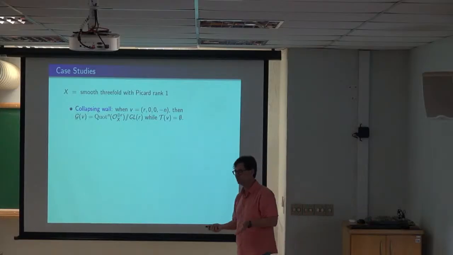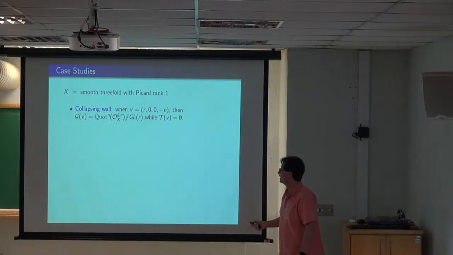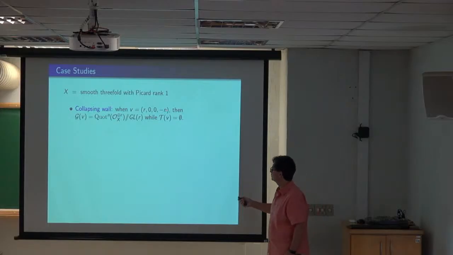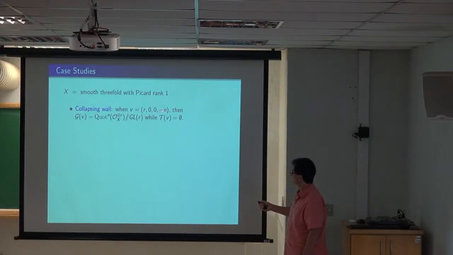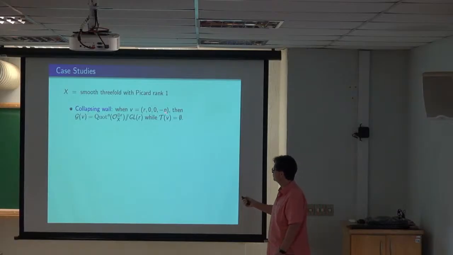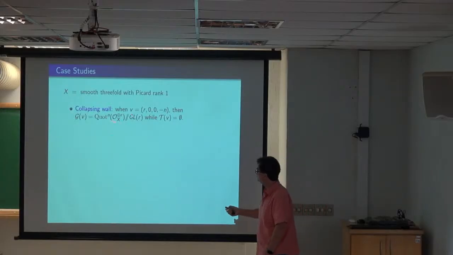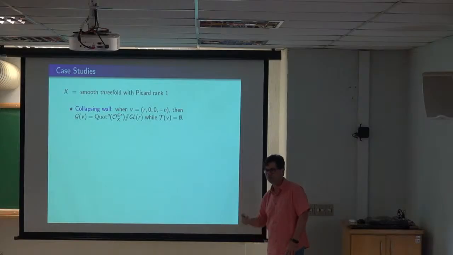That happens for this particular choice of Chern characters: rank R sheaves with first Chern class 0, second Chern class 0, and third Chern class equal to minus n, where n can be anything positive. So on one side of the wall, the Gieseker moduli space has a description in terms of the punctual Quot scheme, and on the other side, the PT moduli space is empty.